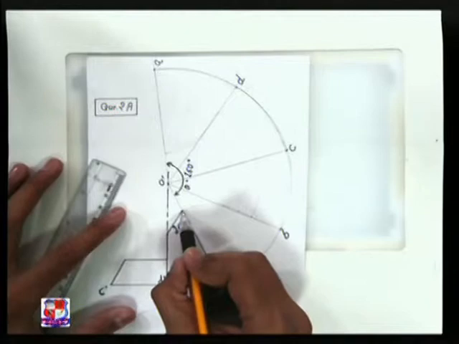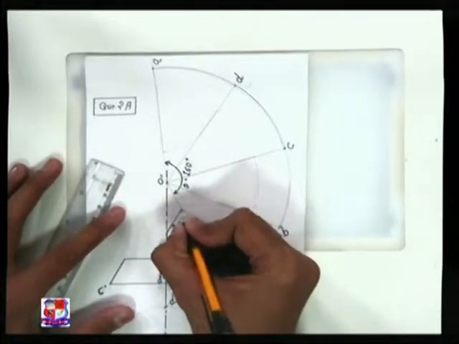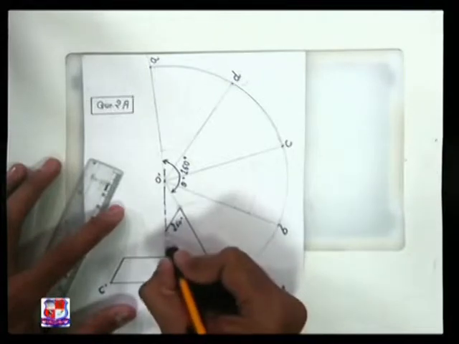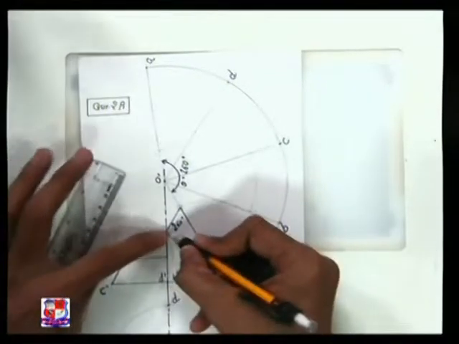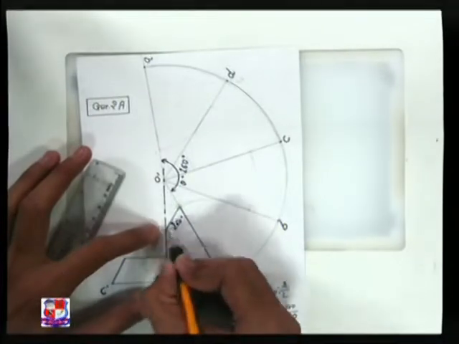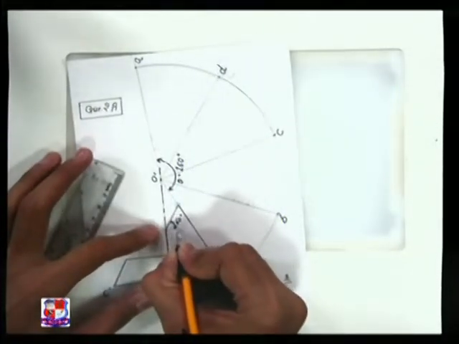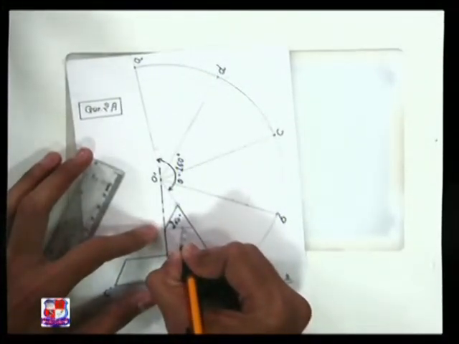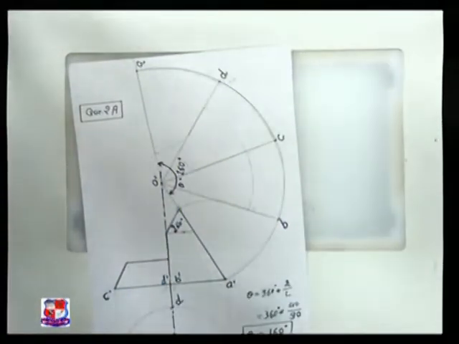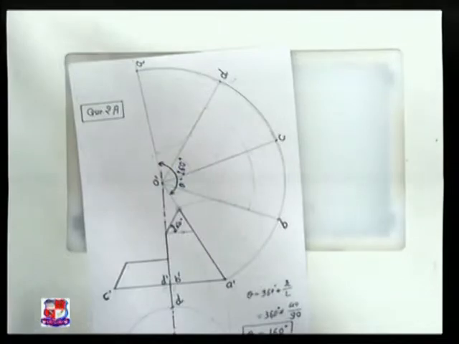So to locate this point, it is on OA. So this is the first point over here. The second point is here. This point is on OB. You can see here on OB. So from here, draw a projection line like this. It is a horizontal line up to the true length of this cone generator.